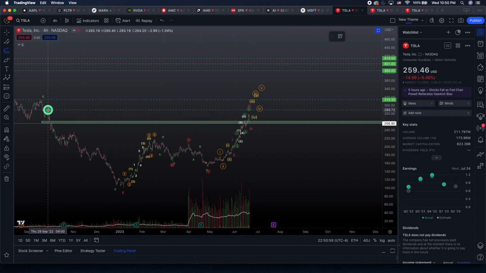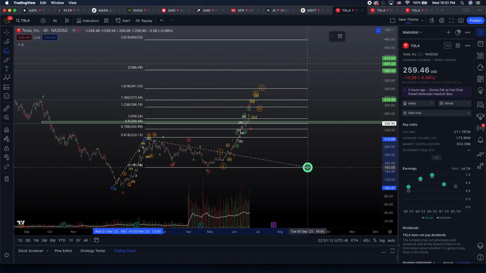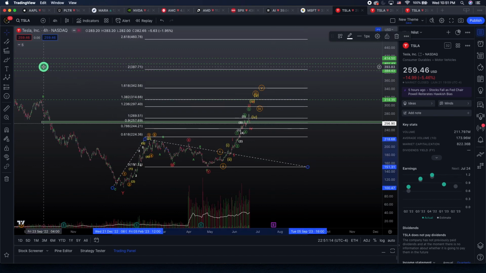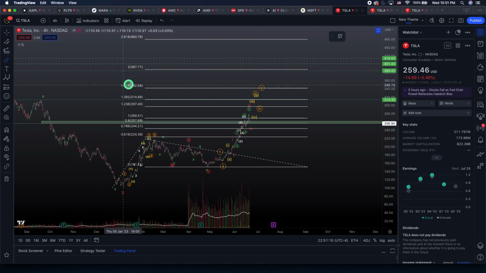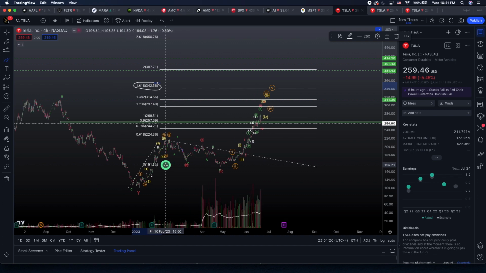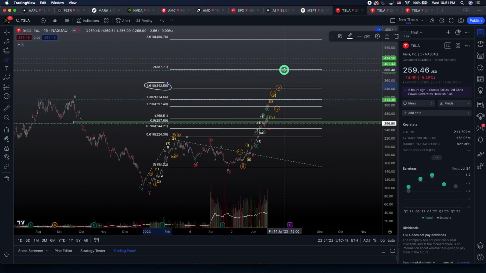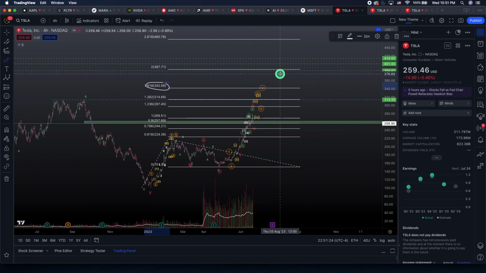Possibly this minor resistance at around 290, but if we break that, then 315 level is going to be key, right? If we do the 161.8%, we're looking at, like I said, I've been saying for a while, 340 roughly for this third wave move to top out.